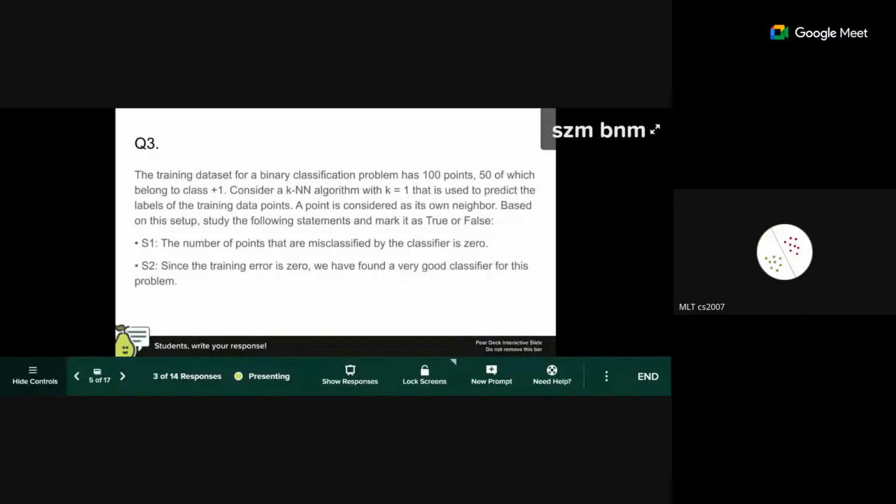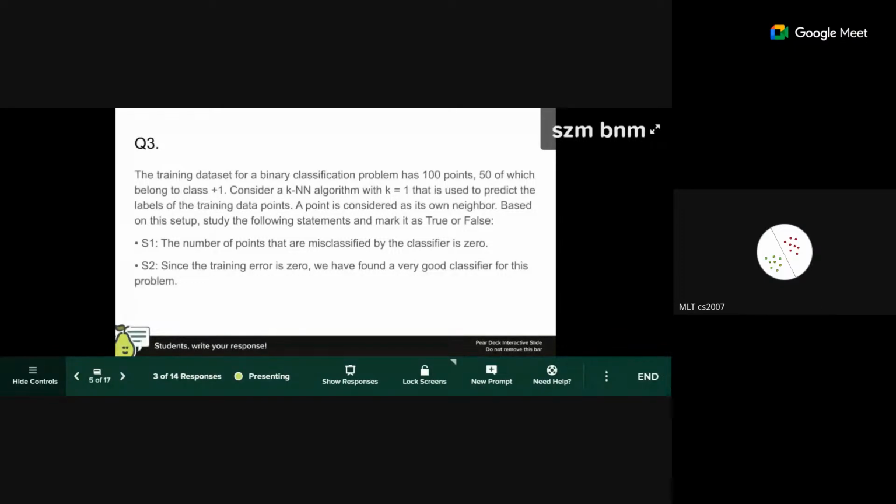Yeah, see, that's why, look at the sentence in the question. It says, a point is considered its own neighbor. And the very first statement says the number of points that are misclassified by the classifier is 0. So it takes its own label.